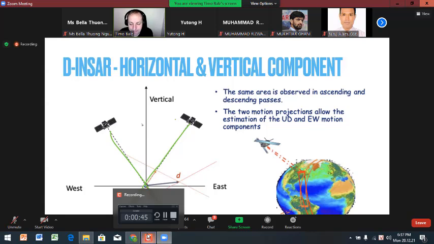But what you need is two measurement vectors. Purely theoretically speaking, you could also start to separate if you have a different orbit direction, but generally from the same direction, so two ascending orbits but a different looking angle, you could also start to derive certain components.